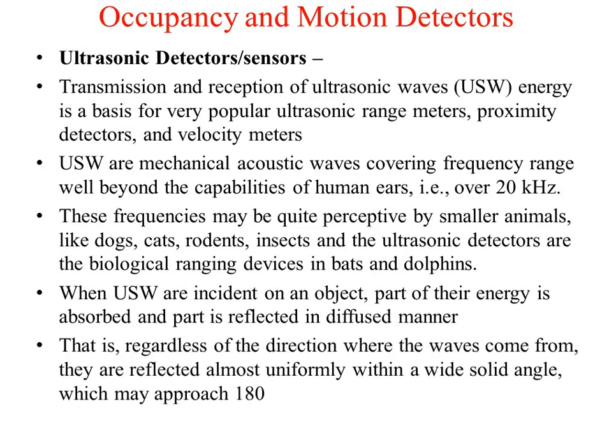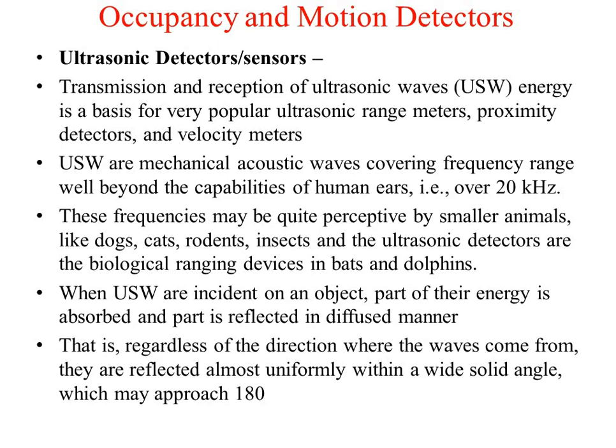So what happens is, regardless of the direction these waves came from, they are reflected almost uniformly in a wide solid angle that may be 180 degrees. Whether the signal is coming from a right angle or from a particular angle, irrespective of that, the diffused energy may be uniformly distributed over 180 degrees.